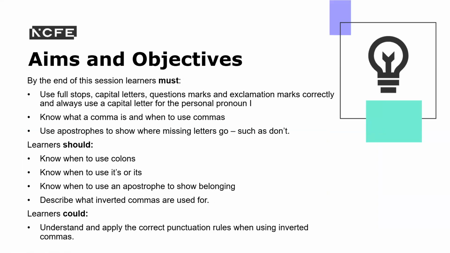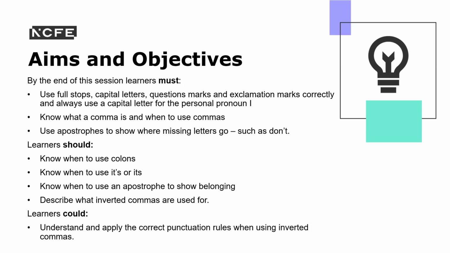So the aim of the session is to know when to use a full stop, capital letters, question marks, exclamation marks correctly, and always use a capital letter for the personal pronoun I. Know what a comma is and when to use a comma, and use apostrophes to show where missing letters go, such as don't.